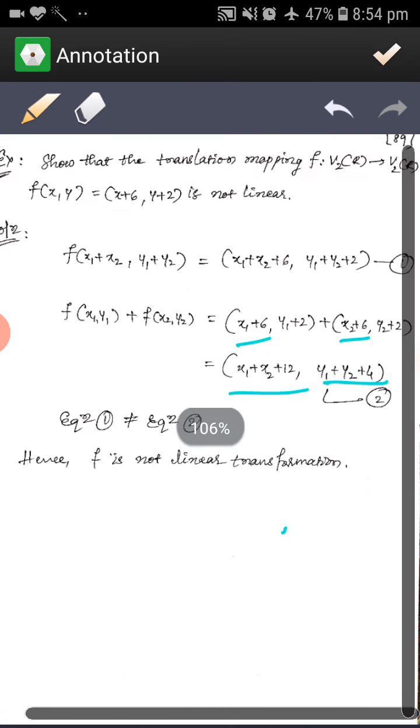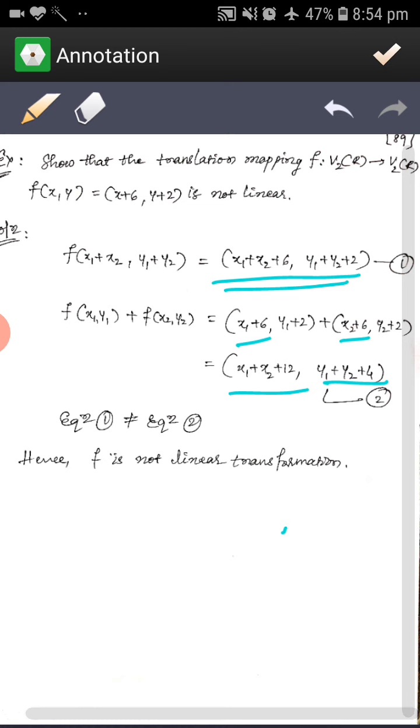So for the first equation, wherever x is there we take x1 plus x2, and wherever y is there, y1 plus y2. That is f of x1 plus x2 and y1 plus y2, which comes out like this.